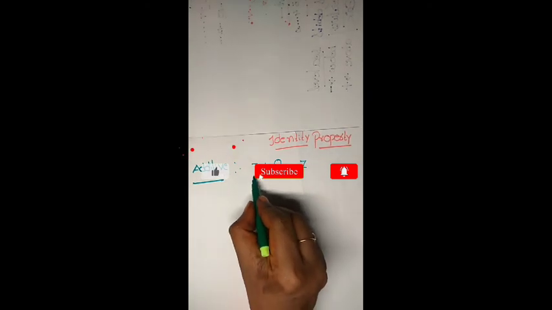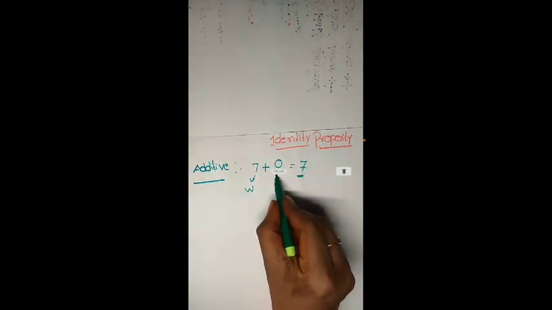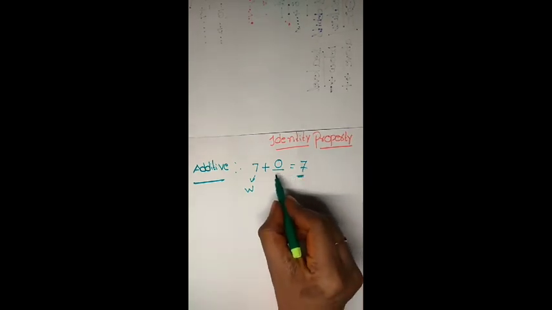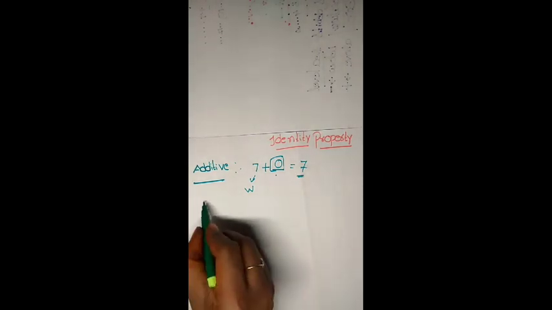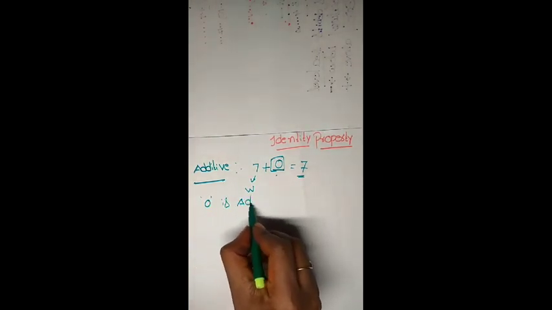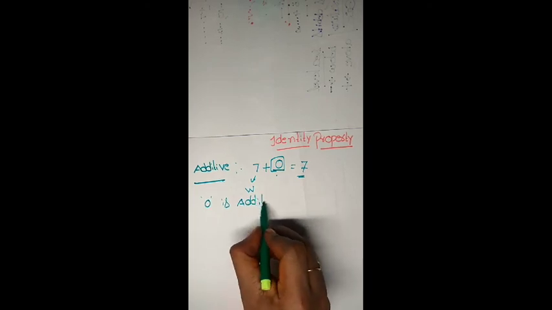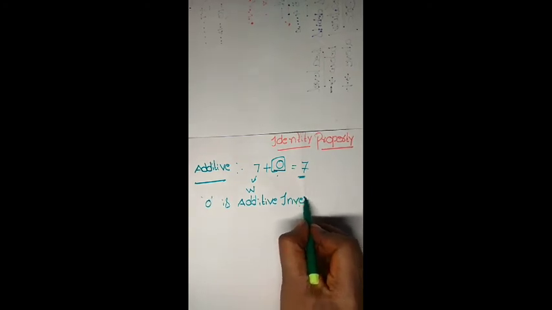Obviously 0. So if we add 0 to the whole number 7, it gives 7. So 0 is called the additive identity, or we can also call it the identity of addition.